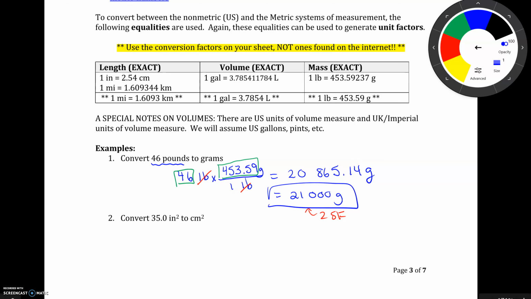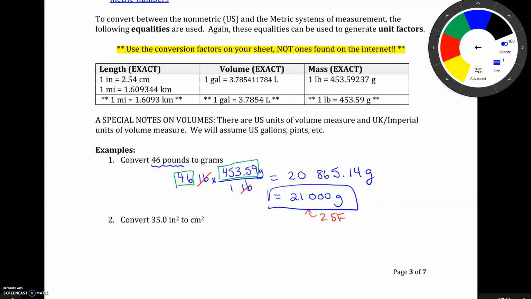Amazing. Let's continue on. In our next example, we have 35.0 square inches, and we want to convert to square centimeters. I have my initial measurement, 35.0 square inches, and I ask myself, do I have a conversion factor that lets me go from inches to centimeters? I know that 1 inch is 2.54 centimeters. So I'll put my conversion factor there. But now, remember, because it's square inches, I need to square my conversion factor.